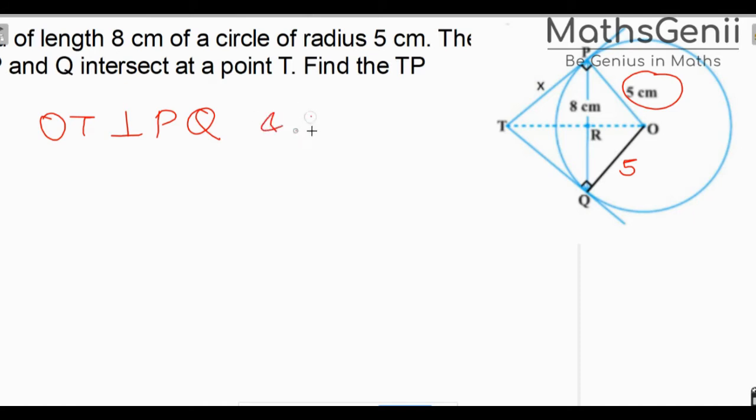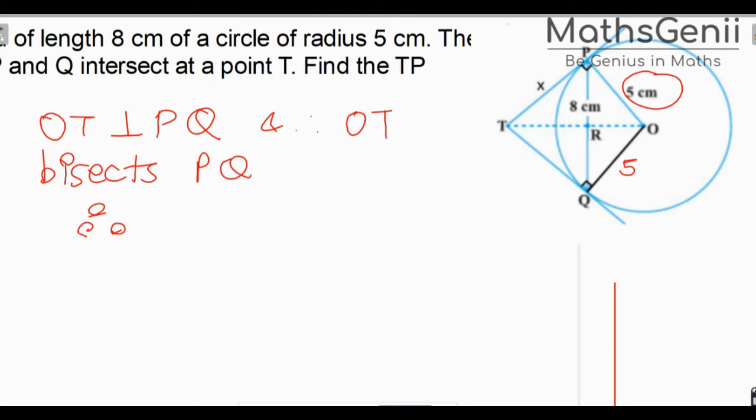And therefore, OT, this dotted line, bisects, as in cuts, PQ. PQ is a big line, and there is a dotted line in between.